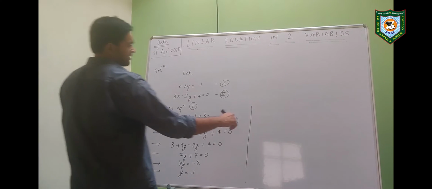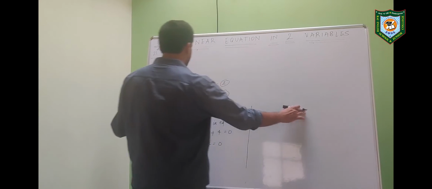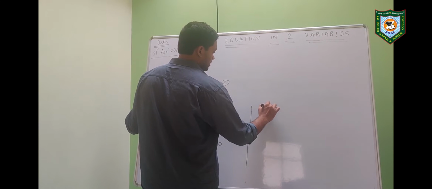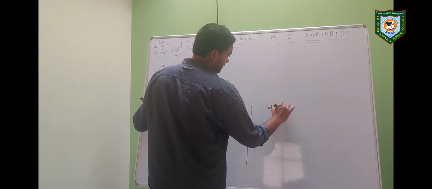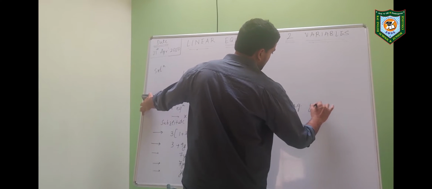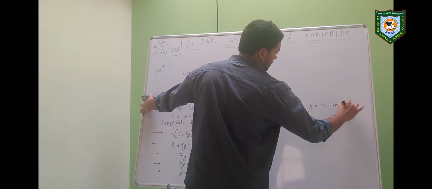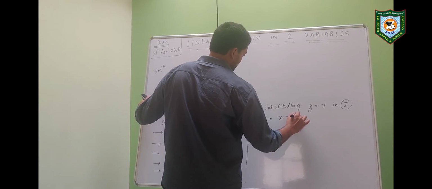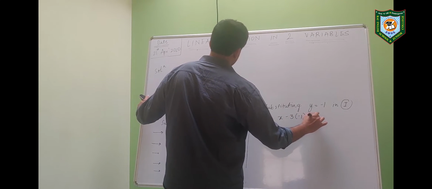Now in order to find x, I simply substitute y equals minus 1 in any of the equations and I'll get my answer for x. So substituting y is equal to minus 1 in equation 1, this gives me x minus 3 into minus 1 is equal to 1.